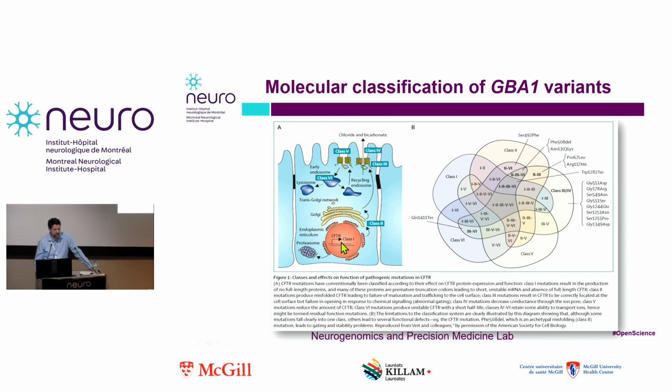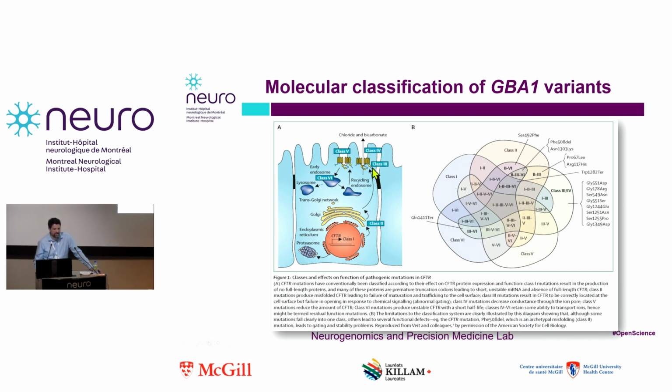Some mutations are stop mutations, and we have the exact same thing in GBA. Some mutations are stop mutations that lead to no translation of the protein, and then there are mutations that affect the transport, in this case to the membrane, not to the lysosome, but same thing.